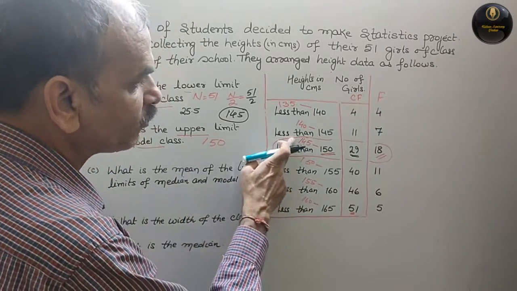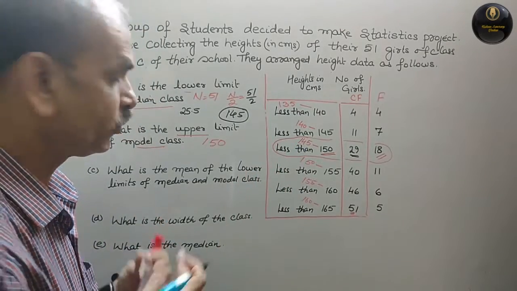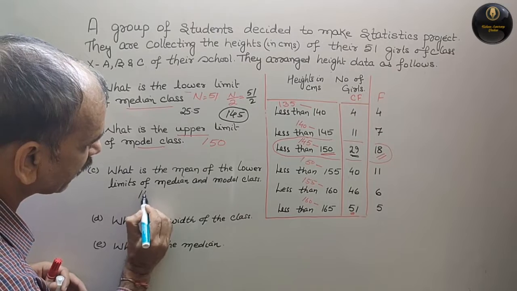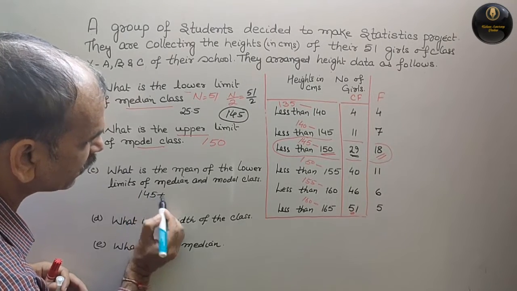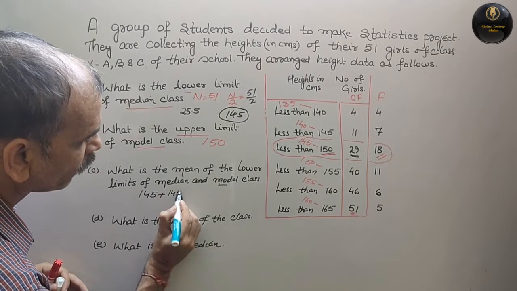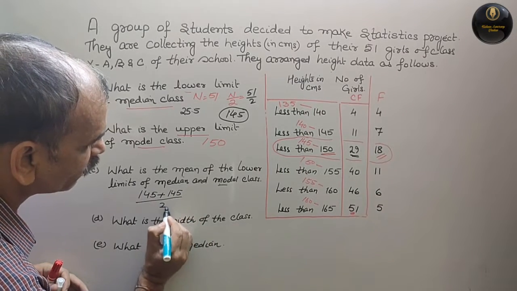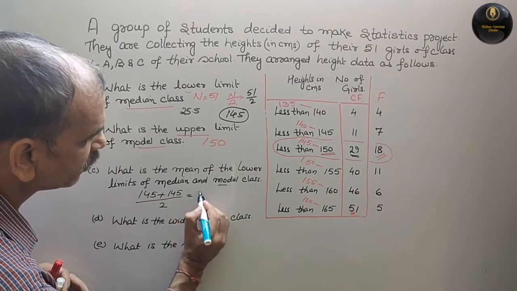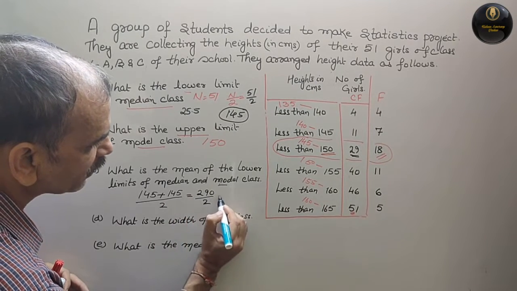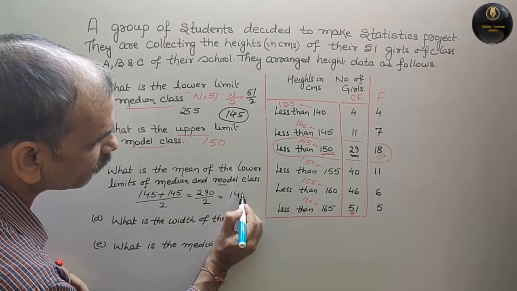The lower limit is what? 145 only. So what we will do? We will write the median, that is 145 plus modal is again 145, divided by 2. You will get what? 290 by 2. That is equal to 145.